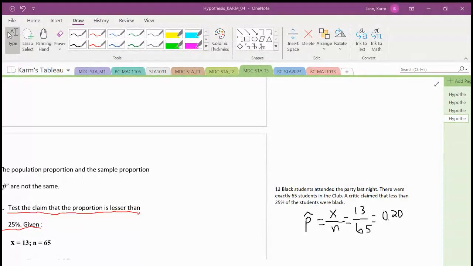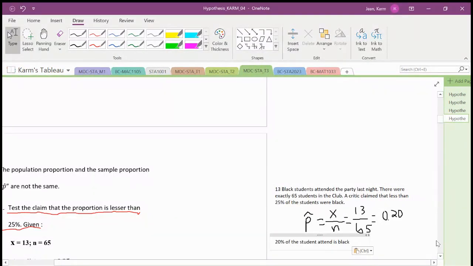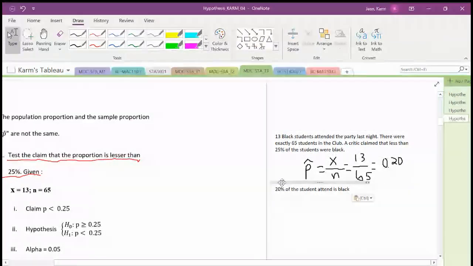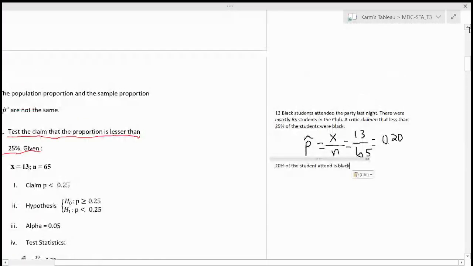Let me just copy it to my file. Okay, so 20% of the people were actually black.